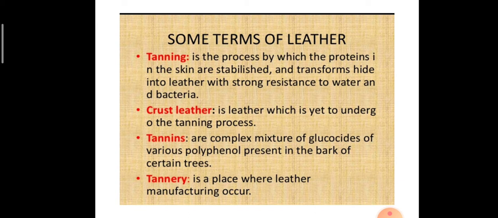We will discuss what compositions are present in the leather. There is hide and skin. The hide and skin contain water, protein, fatty materials, and some mineral salts. Out of these, the most important for leather making is the protein.